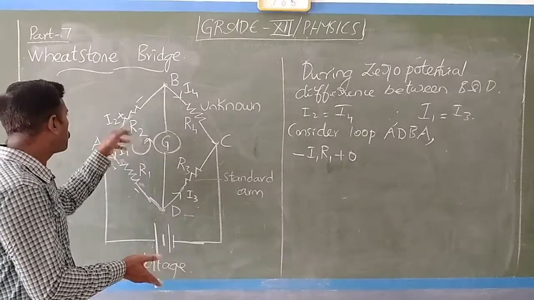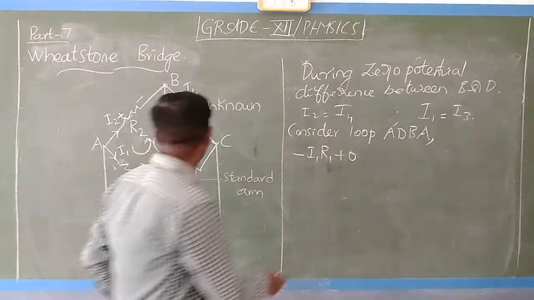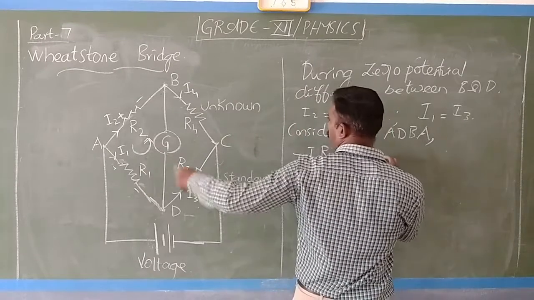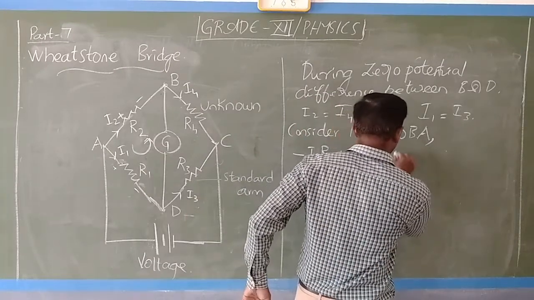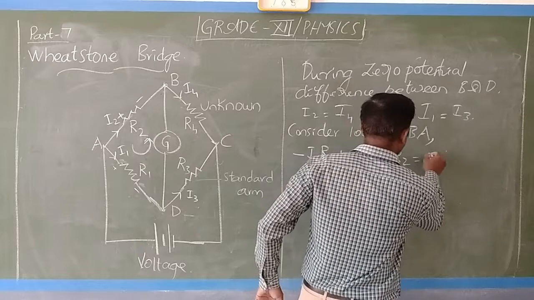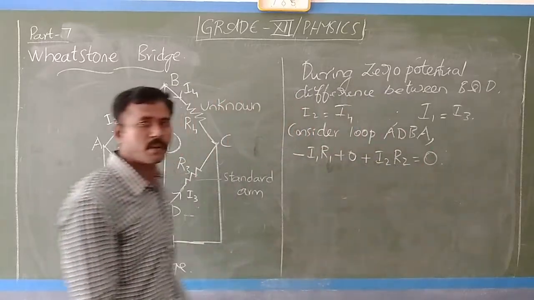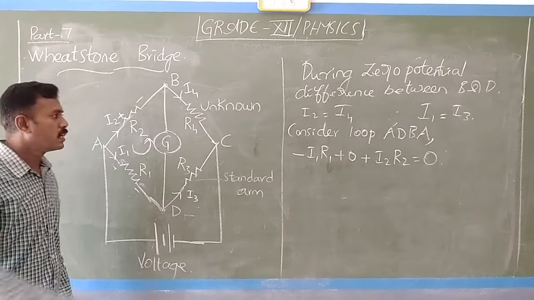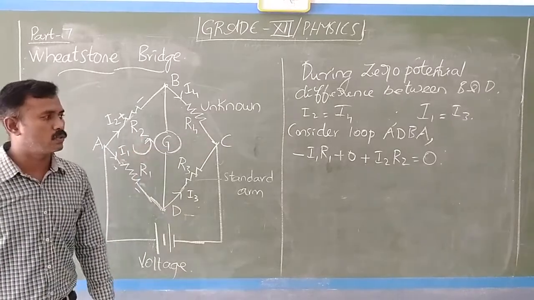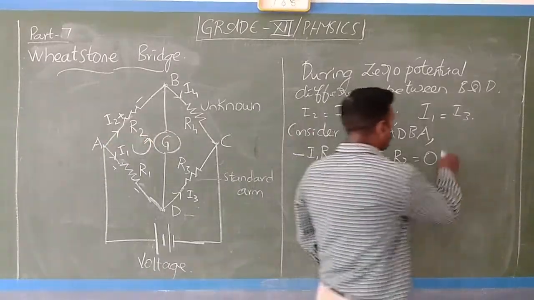That means we put plus I2 R2. So this uses the algebraic sum of all the potentials in a closed loop being equal to 0. This is by Kirchhoff's rule.